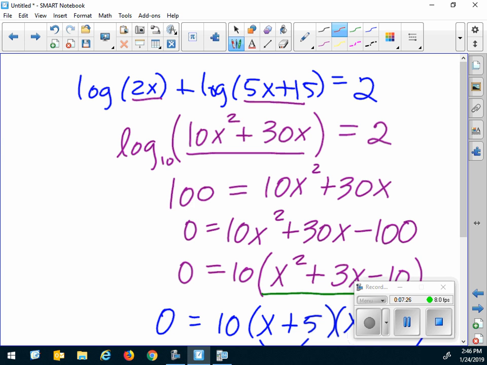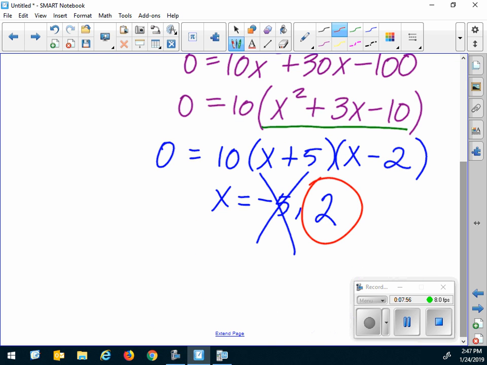If x is 2, this is log of 4 plus log of, if x is 2, now, how would I condense that? Log of 100 and 10 to the second power is 2. Guess what? There's your answer.